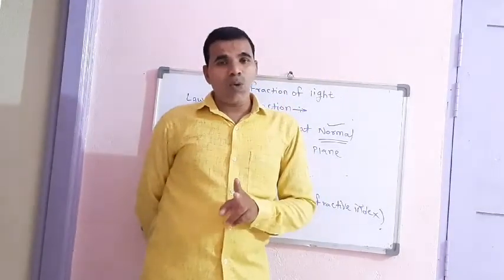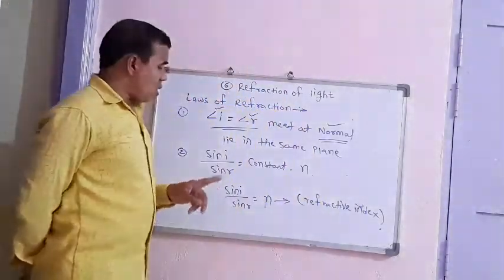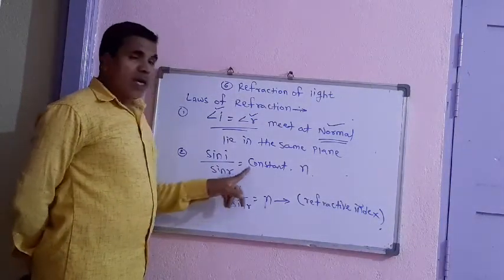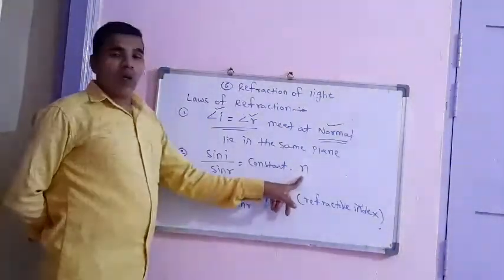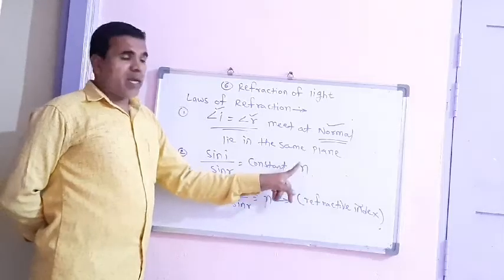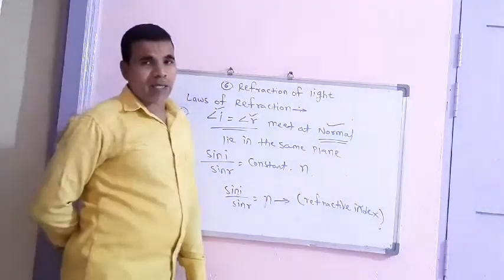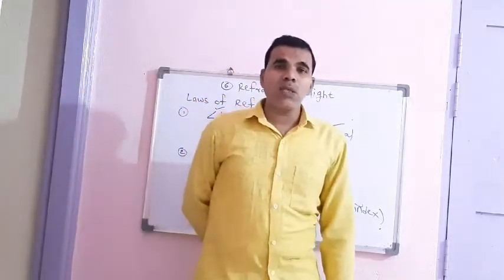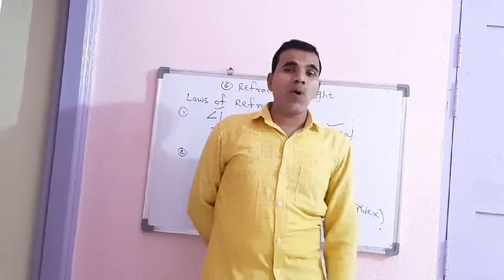And the second law: the ratio of sin i upon sin r equals a constant, denoted by the letter n, called the refractive index. These two laws are very important.